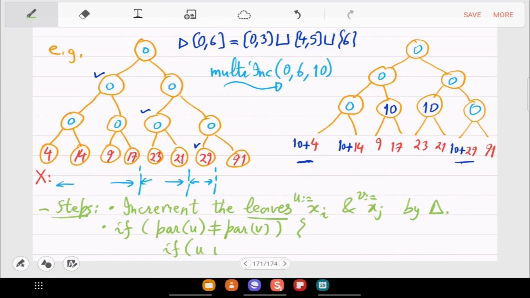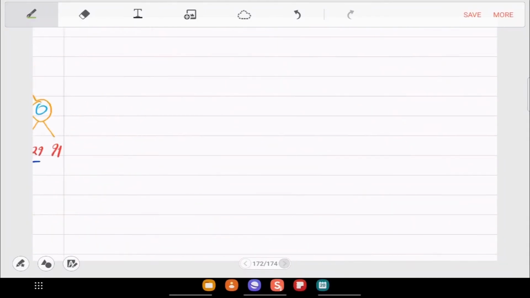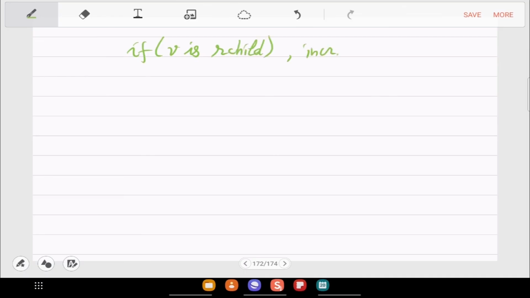So then the following steps will be done. If U is a left child, then increment U's sibling. And if V is a right child, then increment V's sibling.